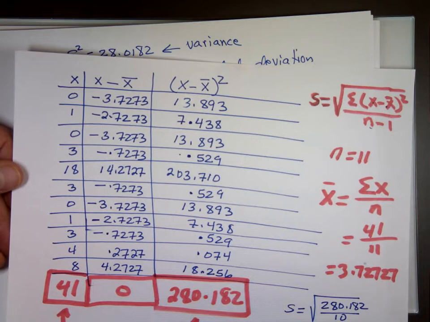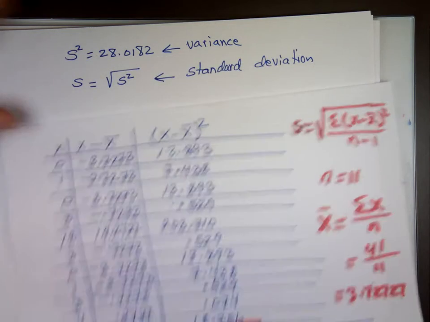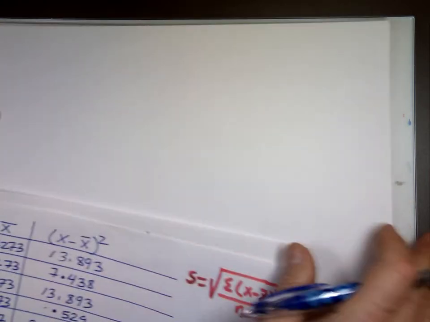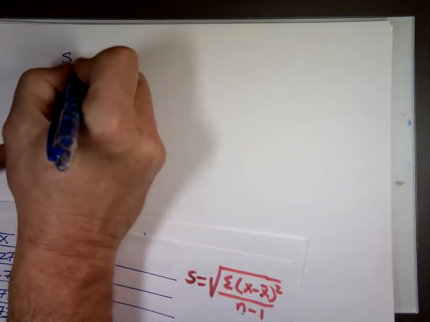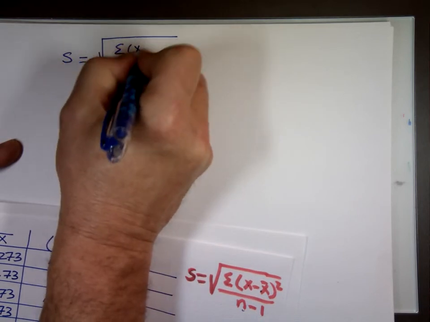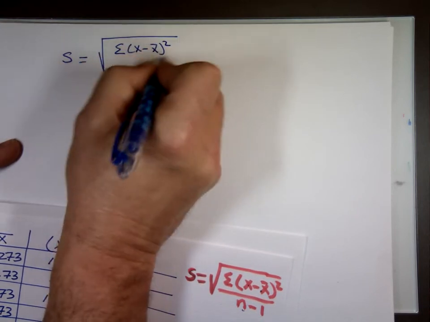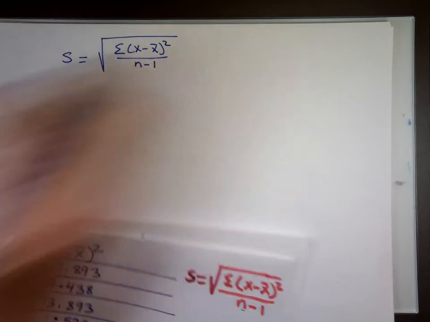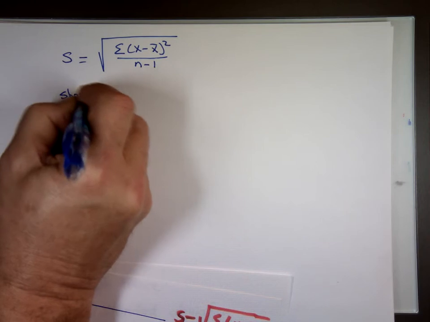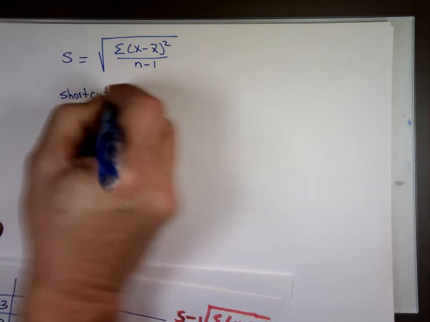And the shortcut says, instead of using the standard deviation to be the summation of x minus x bar squared divided by n minus 1, I've got an easier one, a shortcut. Use this one.